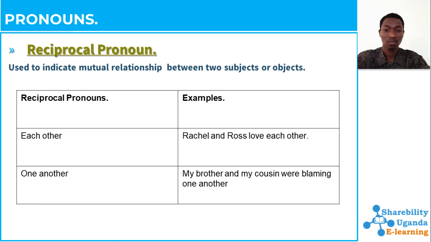You can go through the examples in the table below and understand the usage of each other and one another to understand what reciprocal pronouns are and how they are used. You can pause the video and go through these tables, go through the examples. You can get a book and a pen and take some notes.